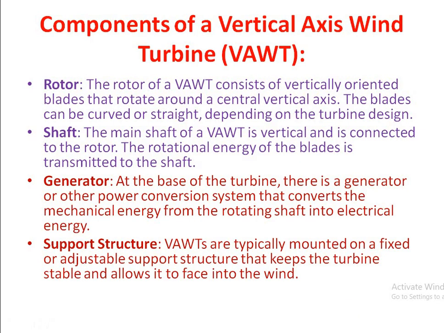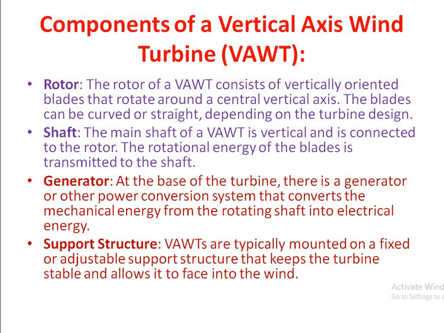So the components of the vertical axis wind turbine consist of the rotor. The rotor is vertical, as we have discussed earlier, and the blades can be curved or straight depending upon the turbine design. The shaft, that is the main shaft of the vertical axis wind turbine, is vertical and is connected to the rotor, so the rotational energy of the blade is transmitted to the shaft.